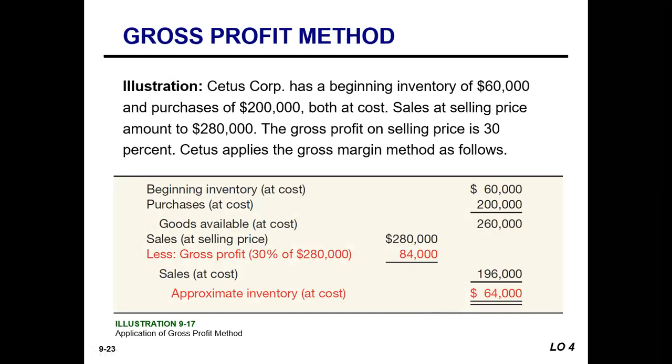So again, I have one or two of these picked out for us to get practice with. The math's not too difficult on them. Because we've got goods available at cost, we're reducing selling price to cost as well. And we reduce selling price to cost by taking that selling price less the gross profit percentage.